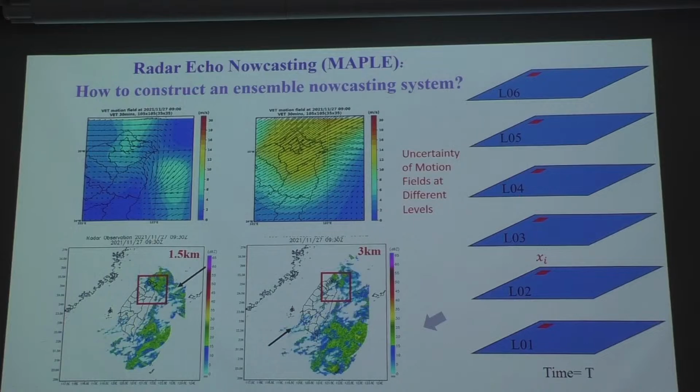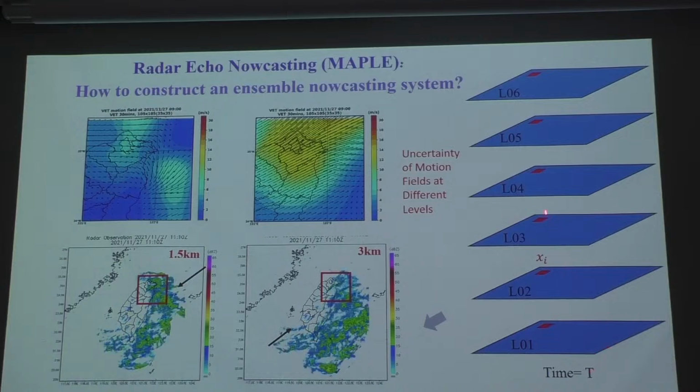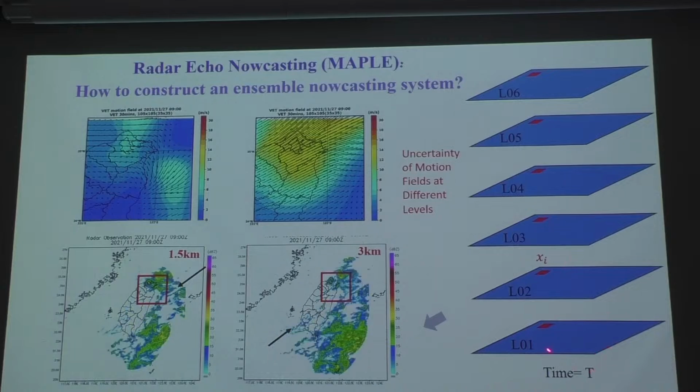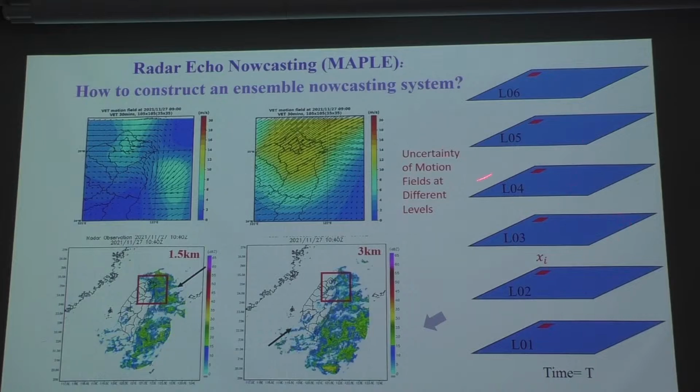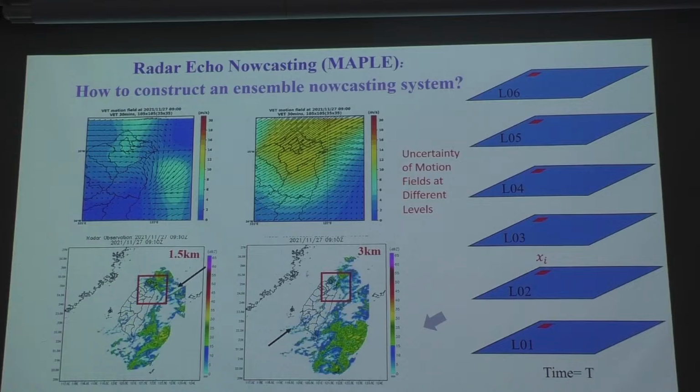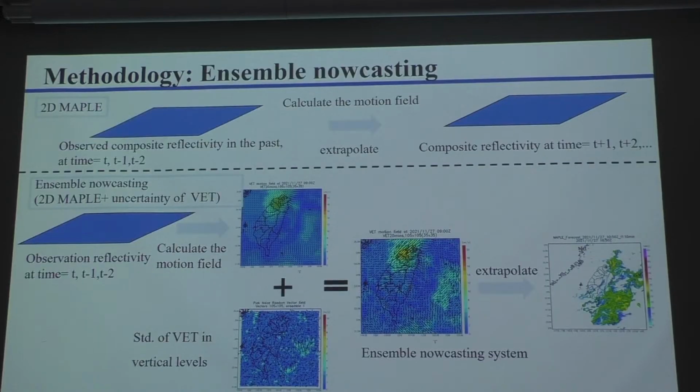Because of that, we came up with the idea: why not use those uncertainties, the different motion fields at different levels, and then generate the ensemble nowcasting system. The original 2D MAPLE just picks up the composite maximal reflectivities in the past, as just mentioned, and then estimates the motion field and does the extrapolations.